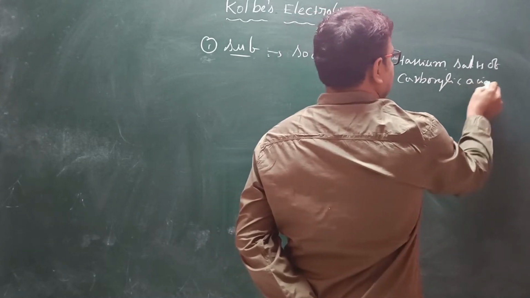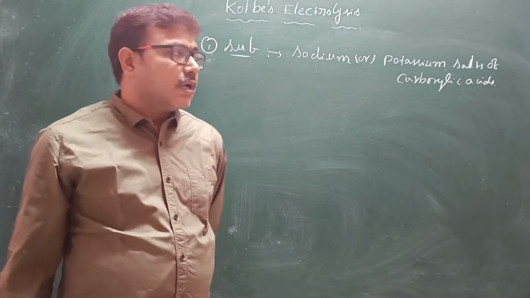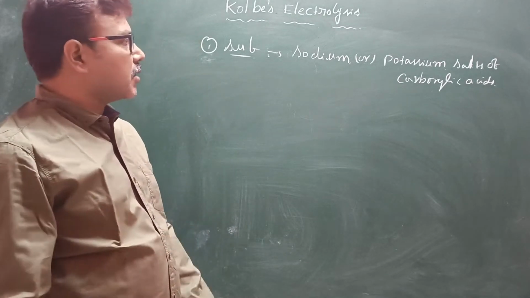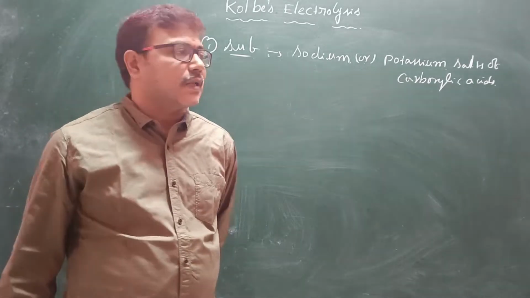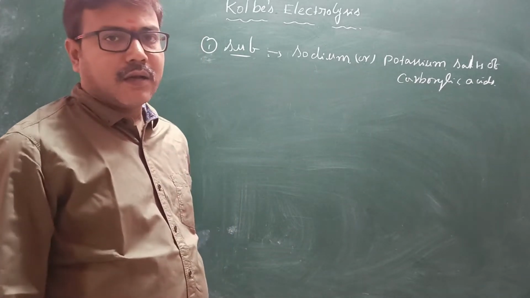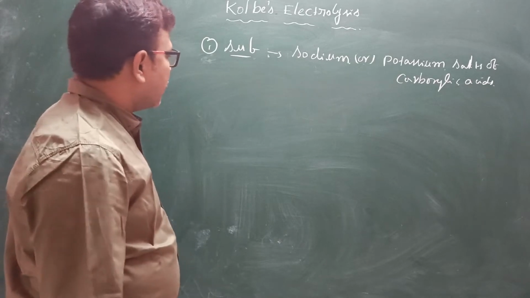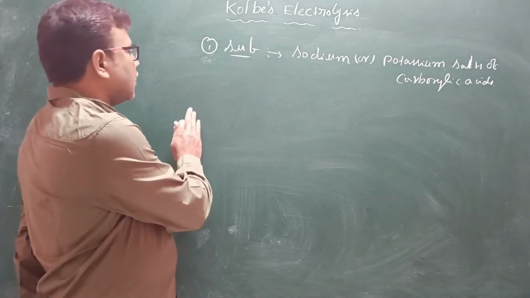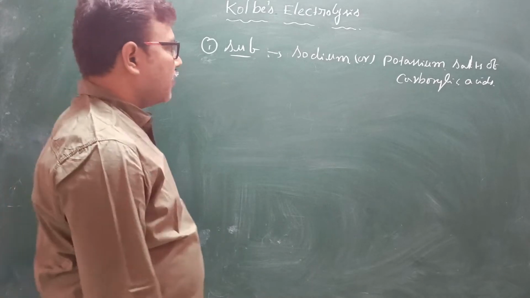Sodium or potassium salts of carboxylic acids are involved in Kolbe's electrolysis to give alkane, alkene, alkyne and cycloalkanes.